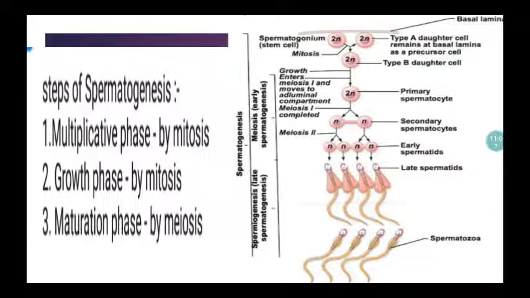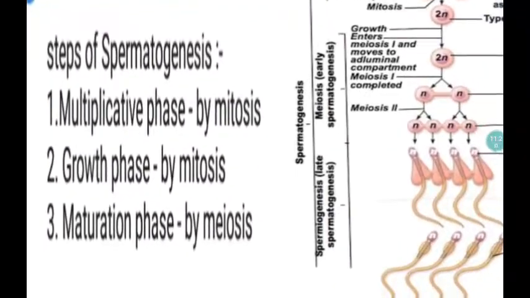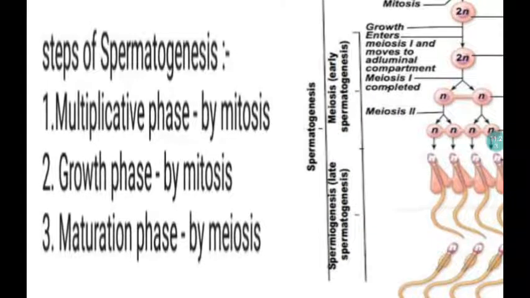So next I am just discussing the different steps of that spermatogenesis. Okay. So before coming to the spermatogenesis, I just want to tell you that spermatogenesis is completed in three different phases. The first phase is called the multiplicative phase. This multiplicative phase occurs by mitosis, and during this the spermatogonia cells divide, they multiply and add more of the spermatogonia cells.